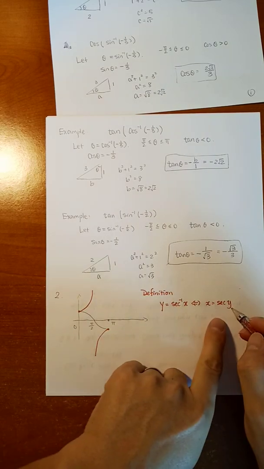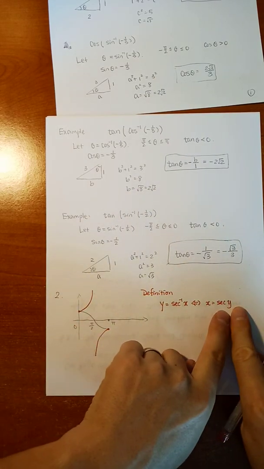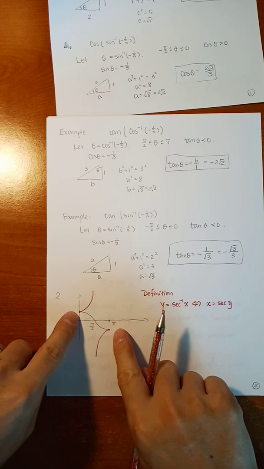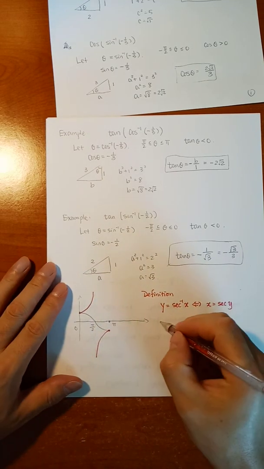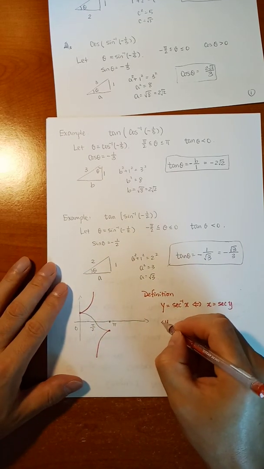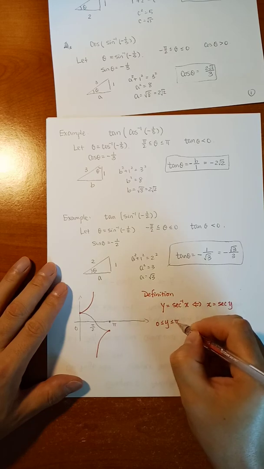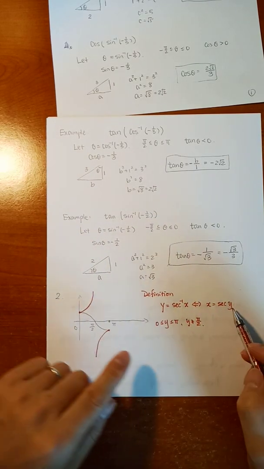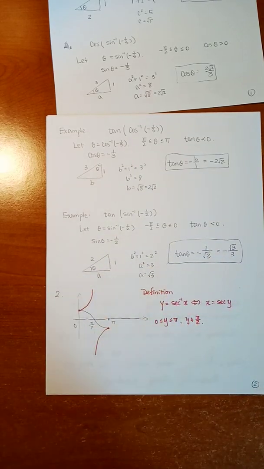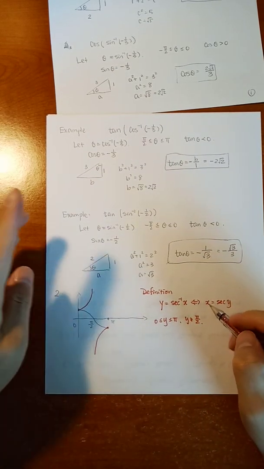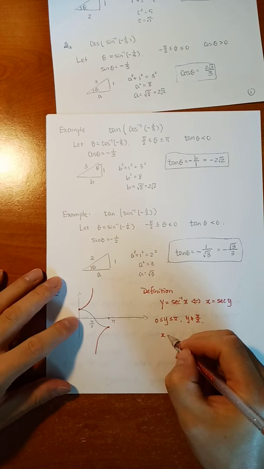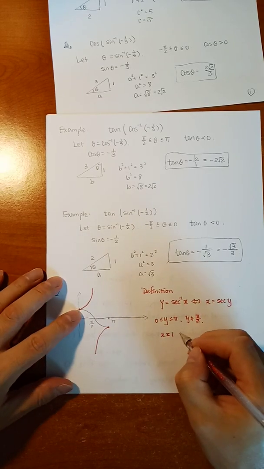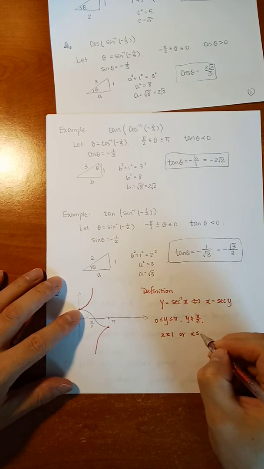Okay, so y is an angle, so y is between 0 and pi, and y cannot be pi over 2. So this is our input of y. And x is a value, so x is either greater than or equal to 1, or x is less than or equal to -1.